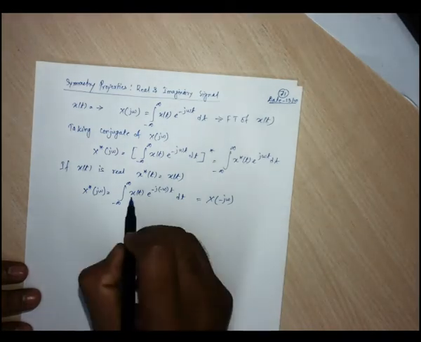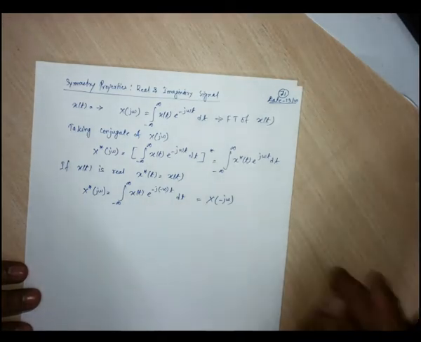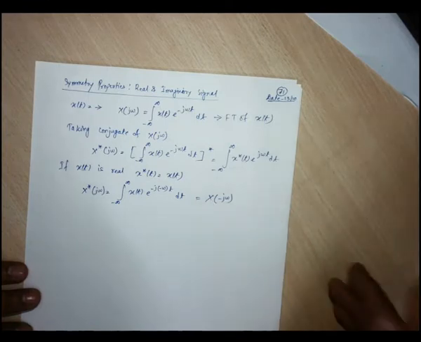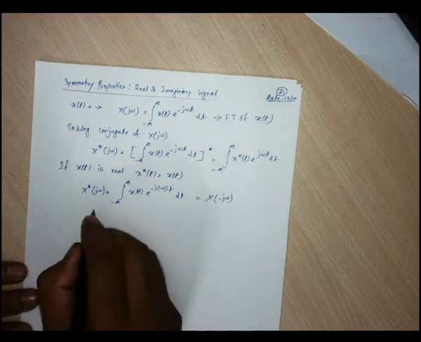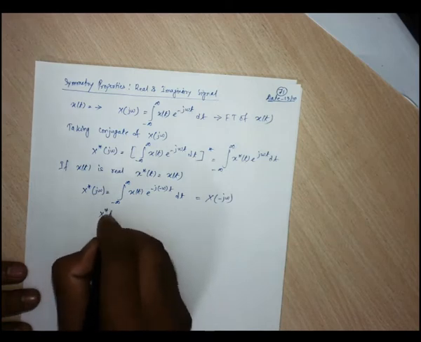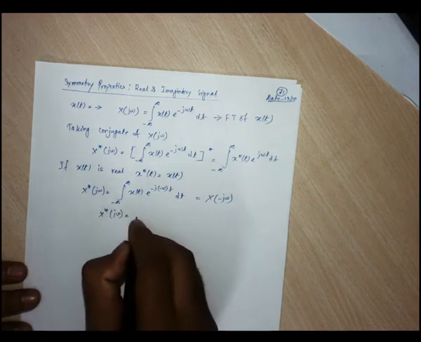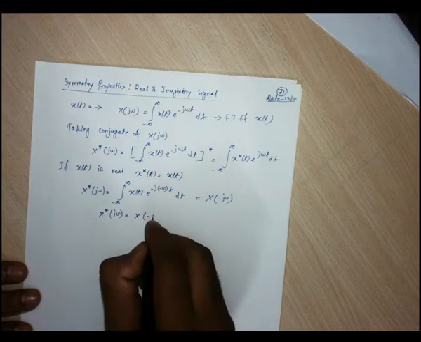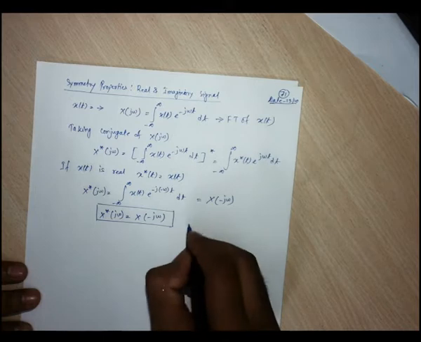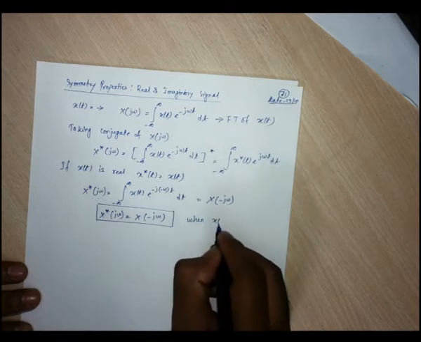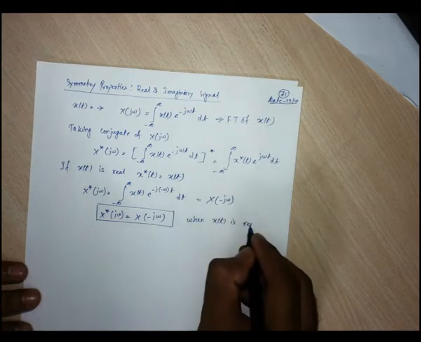So we can write this as a Fourier transform, that is X of minus j omega. So we can say that this conjugate of X(j omega) is X of minus j omega when we are considering that x(t) is real.